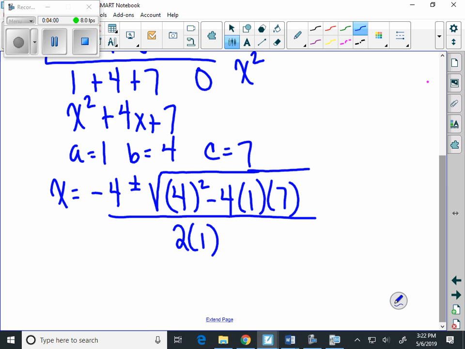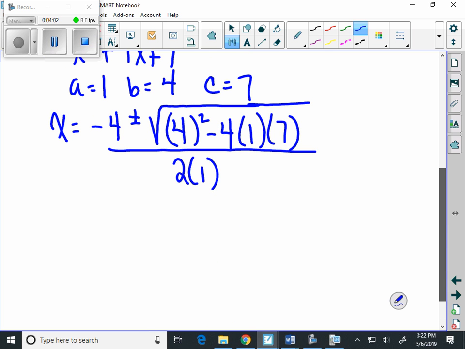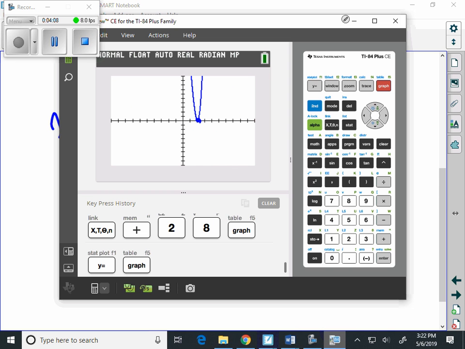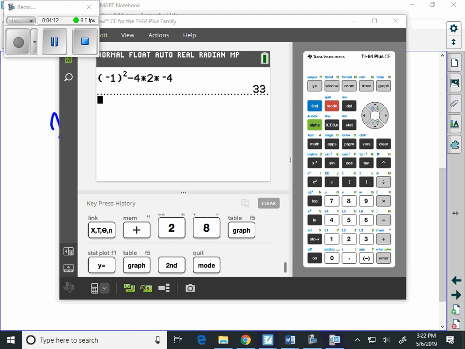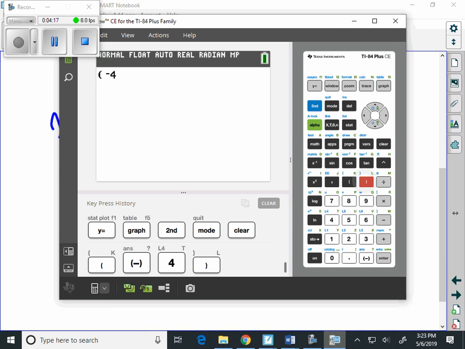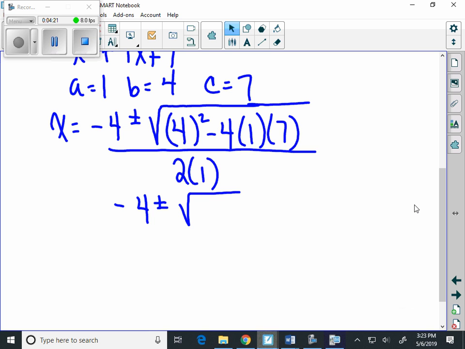Well, when we pull out our calculators again, we get negative 4 plus or minus the square root. Let's type that in. And we have negative 4 squared, b squared, minus 4 times a times c.